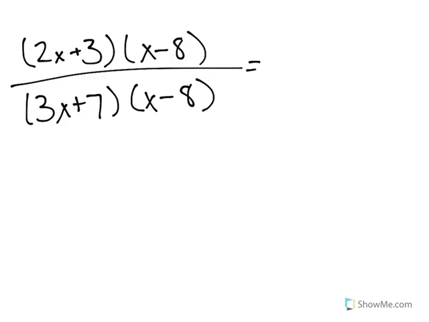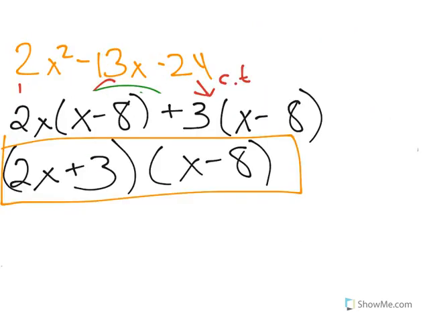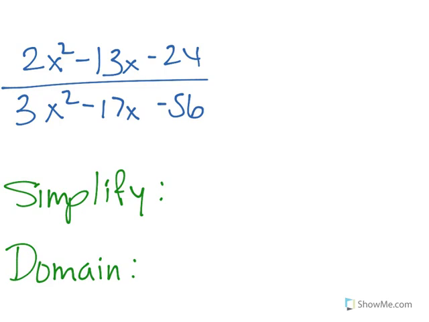As we see, there is a common factor in both of them, which is x minus 8. And so we can cancel that out and get 2x plus 3 over 3x plus 7. And that's our answer for the simplified portion. So we go back and we say that that's 2x plus 3 over 3x plus 7.